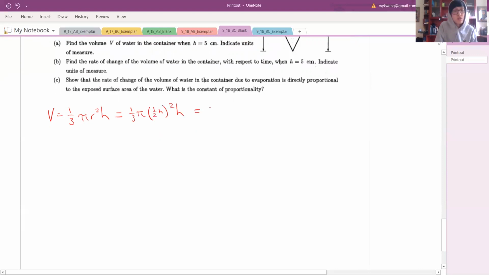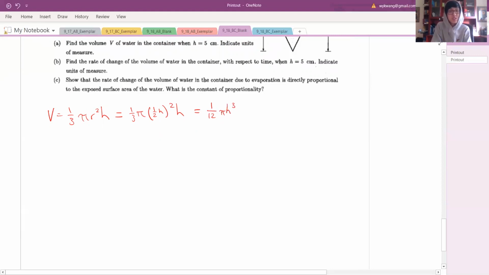What is that equal to? Well, 1/2 squared is 1/4 times h squared, so it would be 1/4 times 1/3, so 1/12 pi h squared times h, which is h cubed.